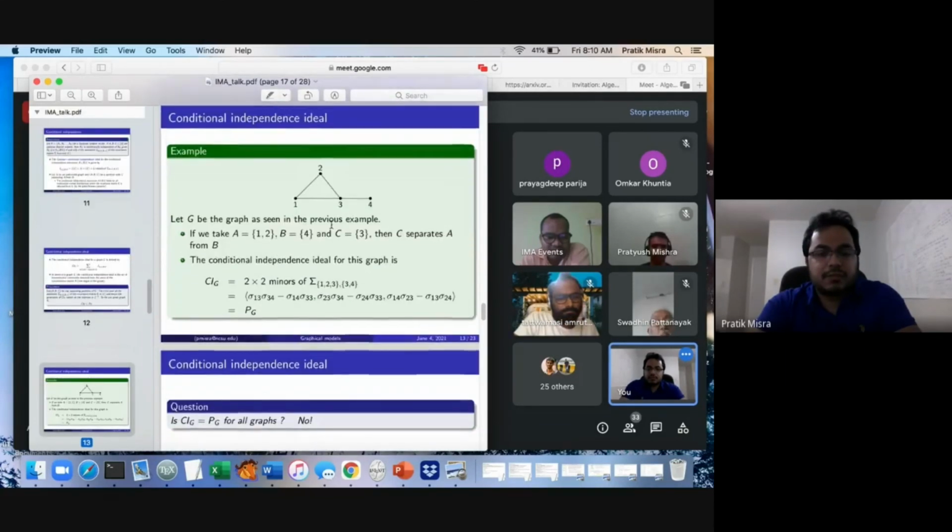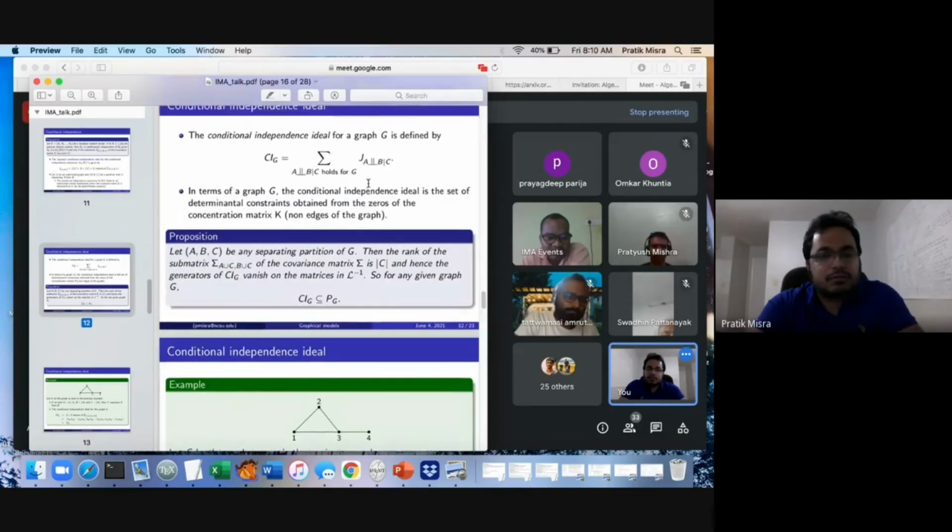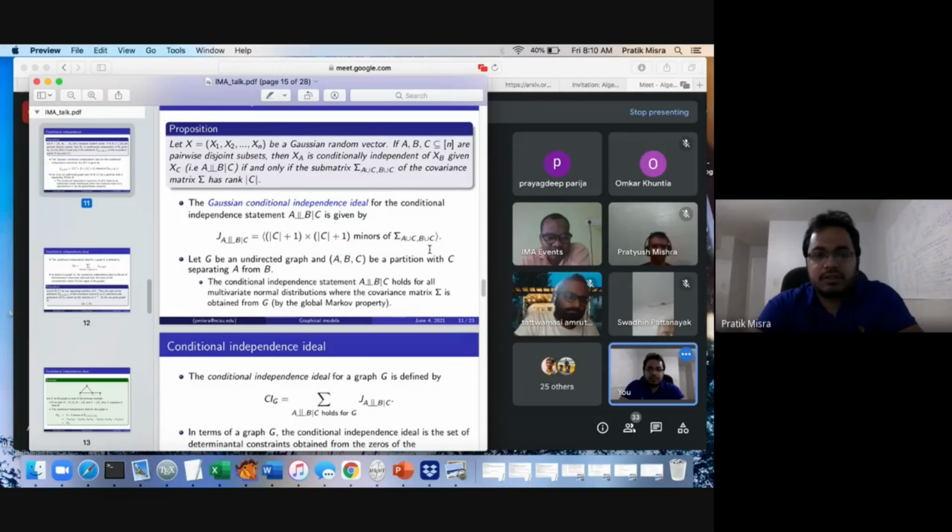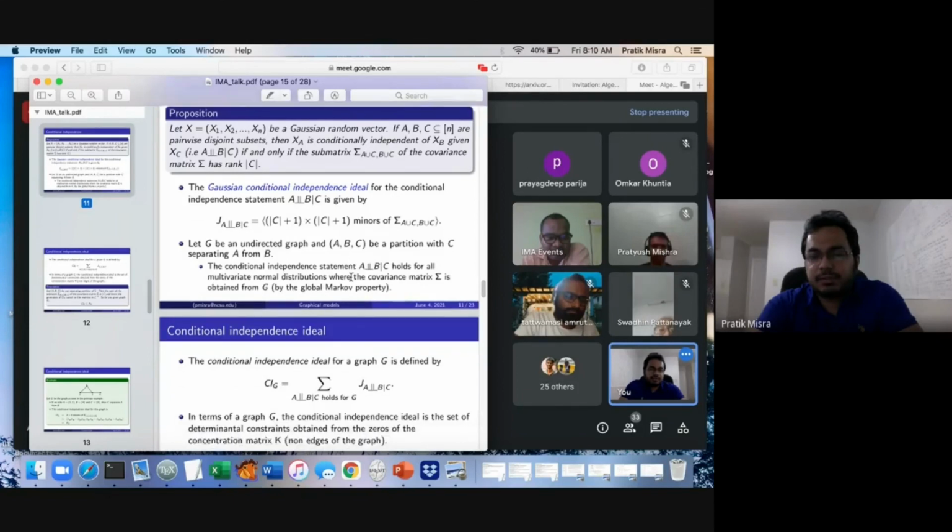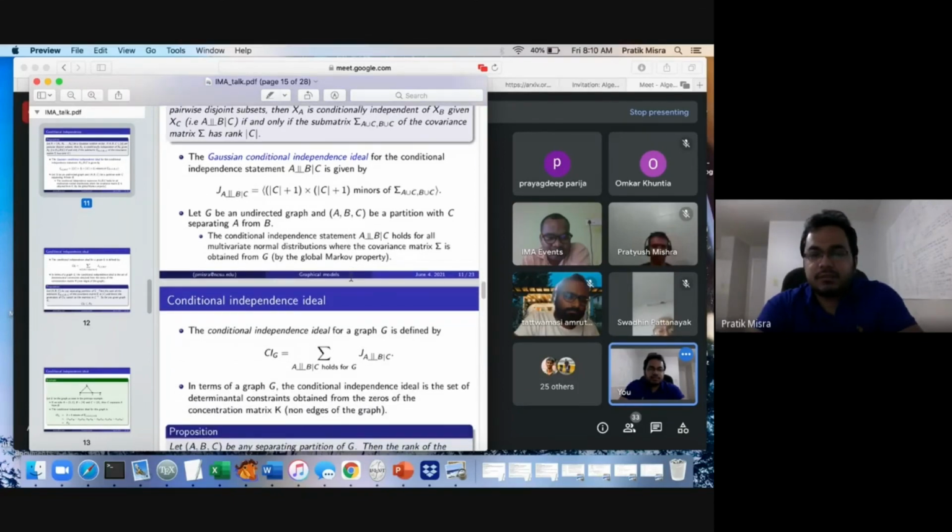Using that, we take, let's say, A as 1 and 2, B as 4 and C as the set 3. Then we see that 1 and 2 are separated from 4 by the vertex 3. From this definition of the conditional independence ideal, we take all the |C|+1 minors of sigma A union C, B union C. So A union C is the set of rows and B union C is the set of columns.